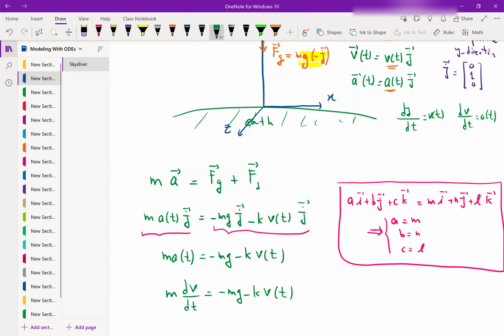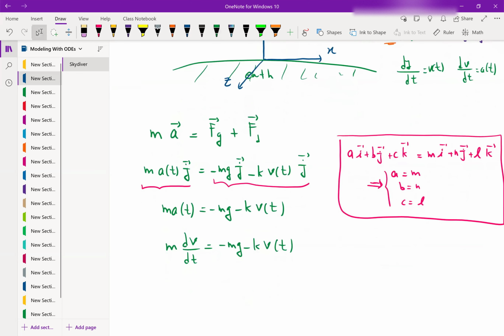By the term velocity, I'm referring to this signed quantity v(t) that I introduced here. The velocity of this skydiver satisfies this first-order linear differential equation. Now, before attempting to solve this equation, let me rewrite this and clean it up a little bit.